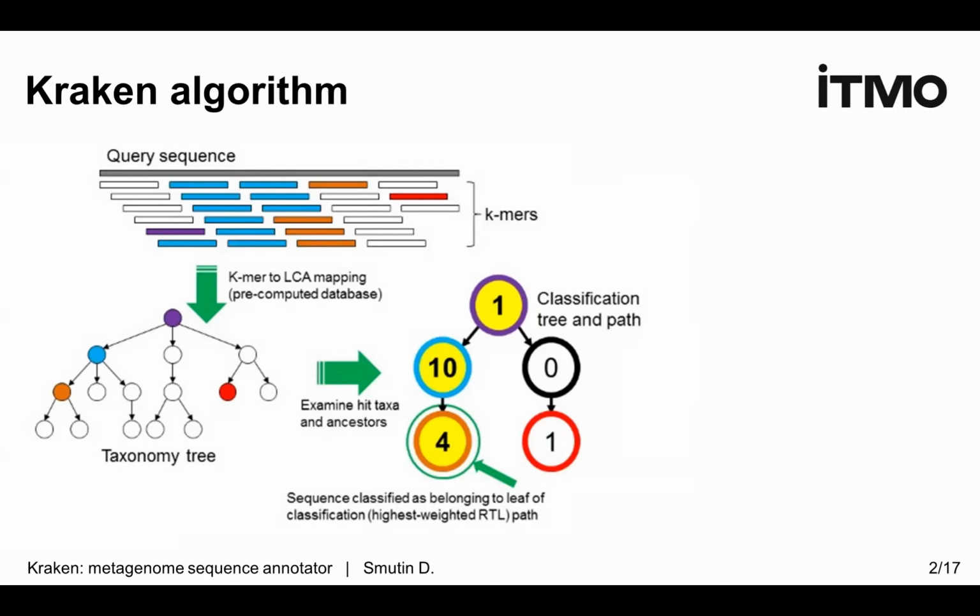For example, MetaPhlAn on a human gut sample predicts nearly 200 species, while Kraken tries to predict more than 2,000 species, most of them with abundance much less than 1%.